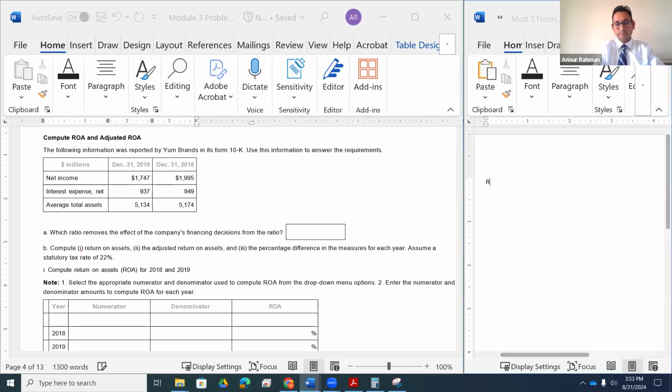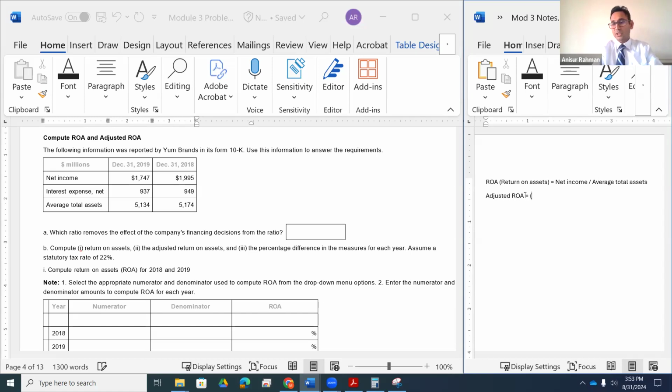So what is ROA? ROA is return on assets, which is equal to net income divided by average total assets. What about adjusted ROA, or adjusted return on assets?